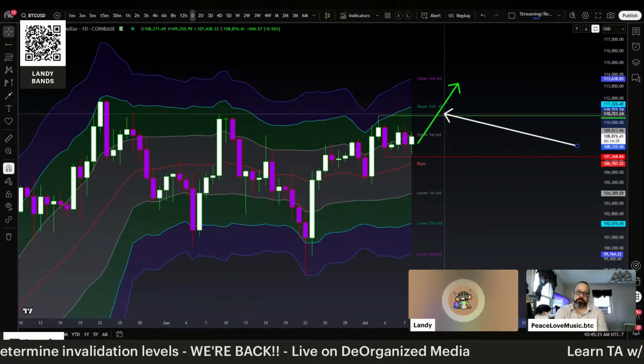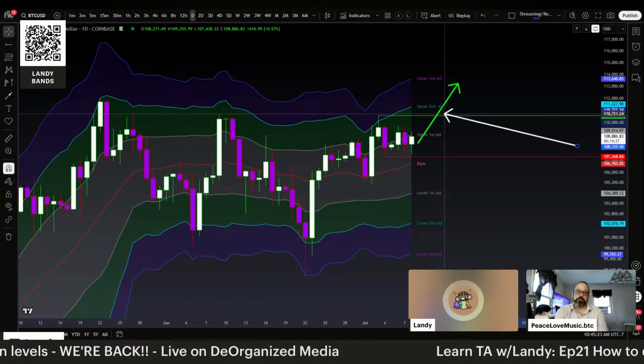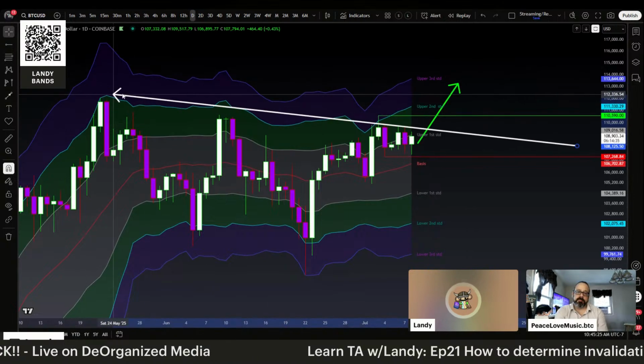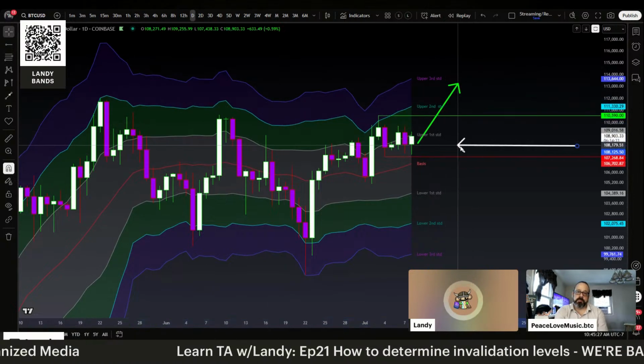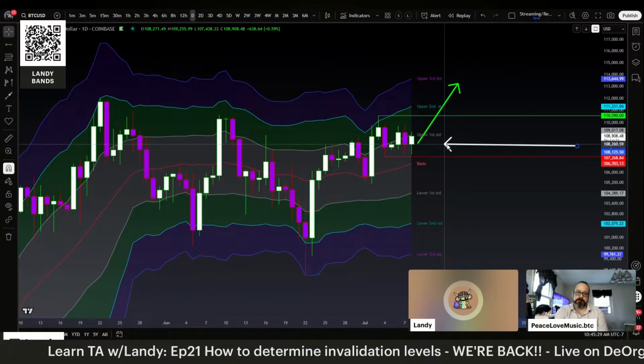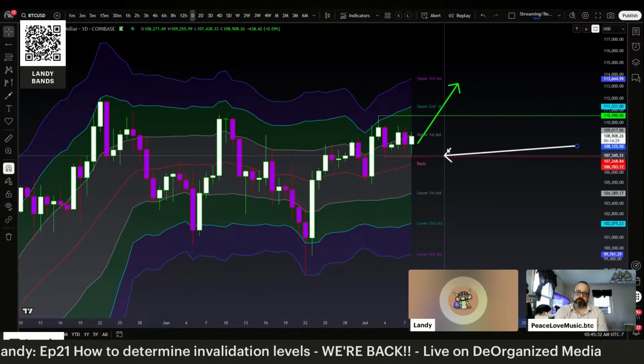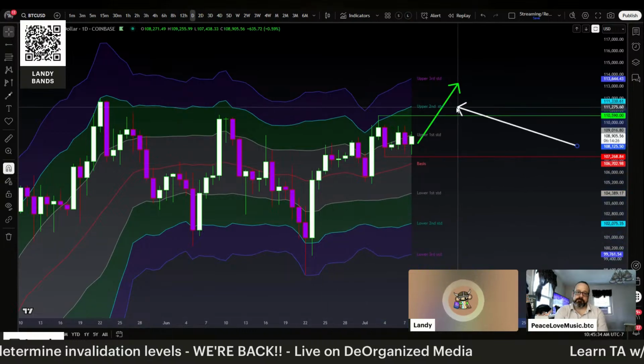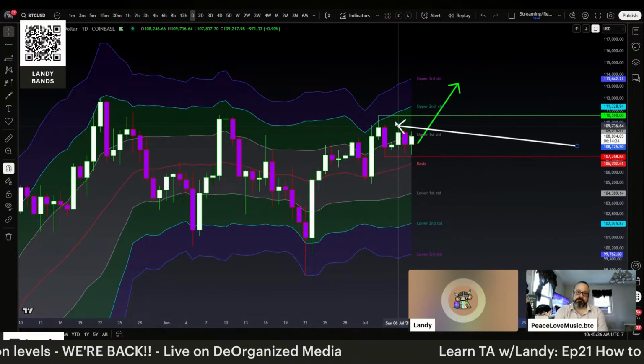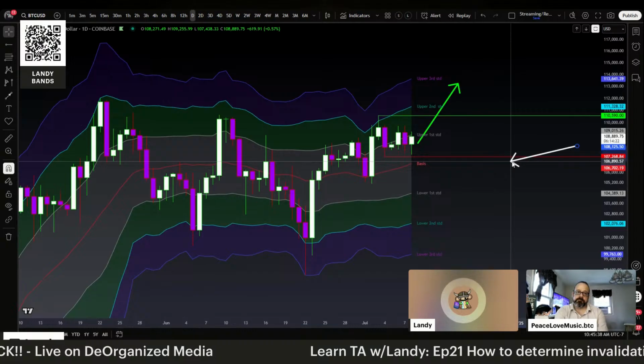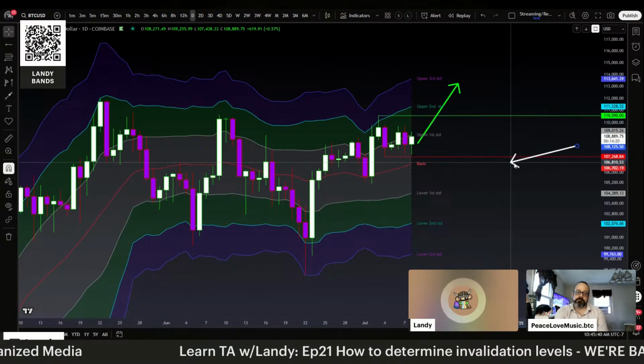You would have to reposition if you're smart, or you build out the position if you're still confident in other criteria that you set. But that would be validation of continuation of this current uptrend, right? So if you were short, that would be an invalidation point being hit at the high.